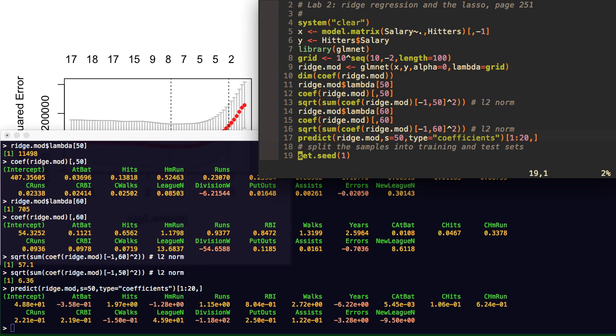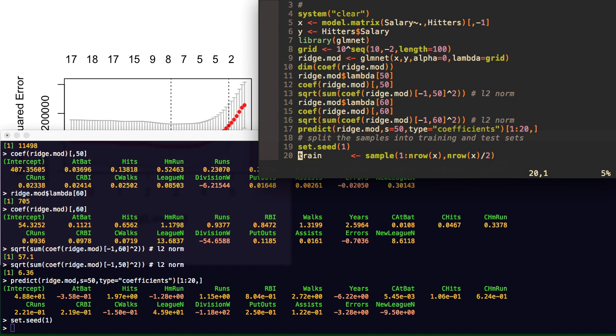And these are the coefficients for S50. So this is a prediction, doing a predict using lambda equals 50.